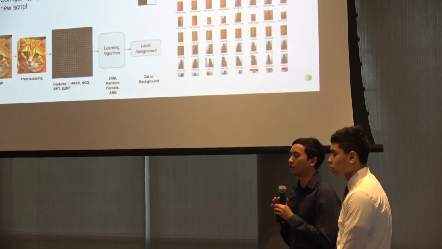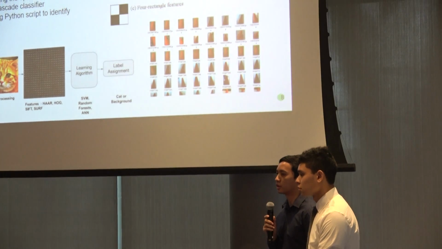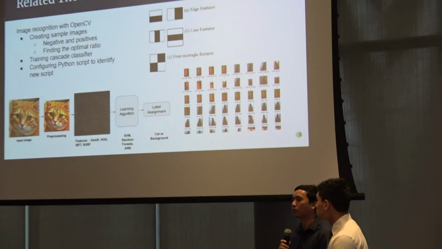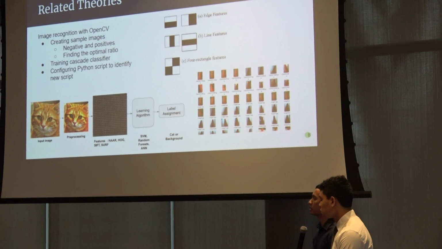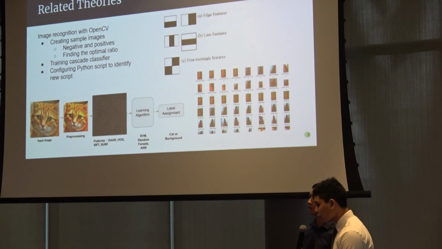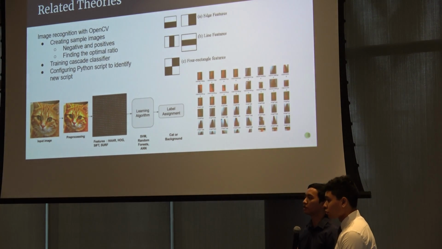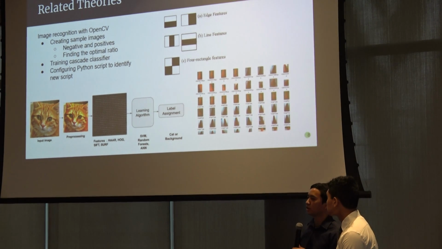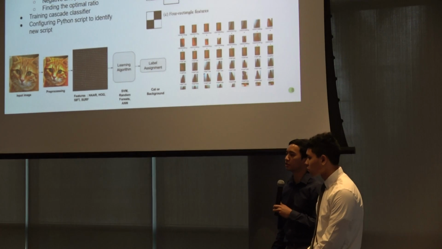So for our related theories, I wanted to cover exactly how we managed to create object detection classifiers. We were using the OpenCV library for Python. Through this, we were able to train our system to detect cones.